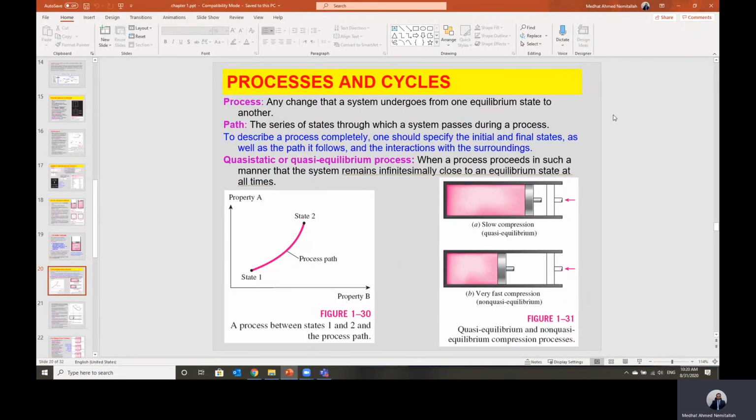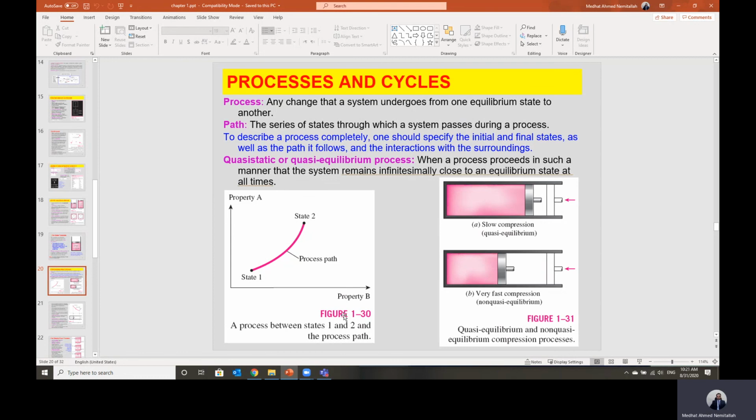Type of process and cycle. This class is a kind of collection of definitions. A process is a change from an initial state to a final state. We can represent this process on any diagram, like a pressure-volume diagram or a temperature-specific volume diagram.